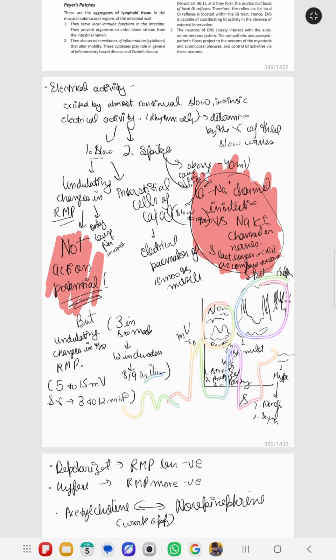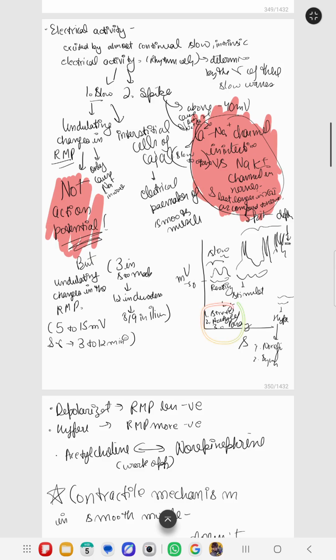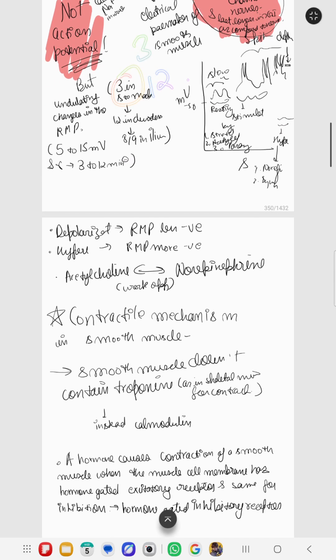The slow wave is due to stretch, acetylcholine and parasympathetic, and this is due to norepinephrine, sympathetic. Spike is due to parasympathetic stimulation, and slow waves are basic electrical rhythm. Frequency is 3 per minute in the stomach, 12 at the duodenum, and then decreases.